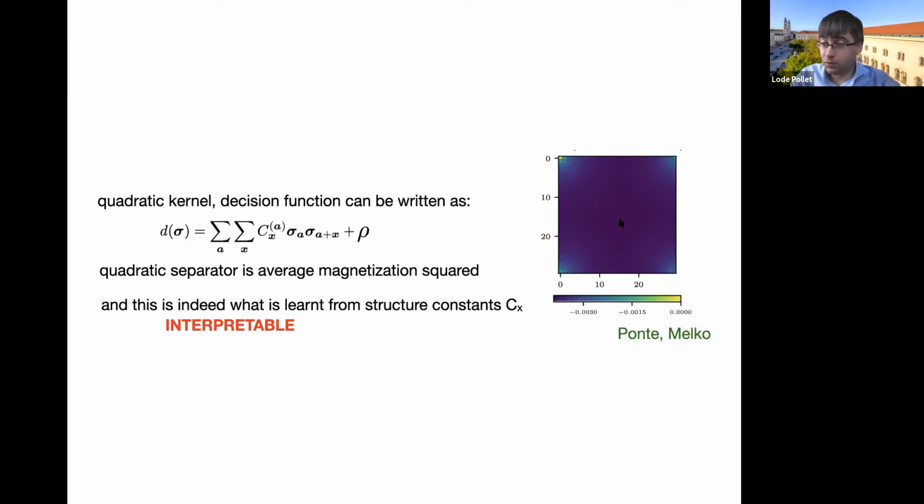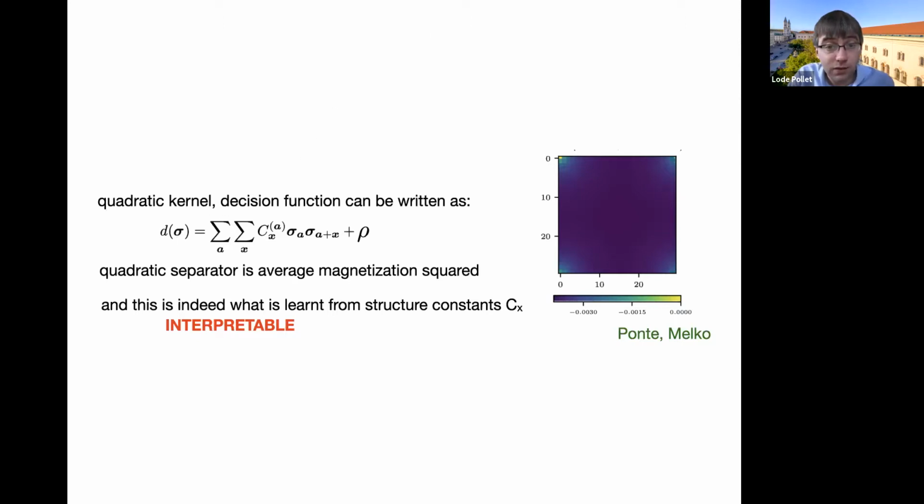What one means with the statement that SVMs, support vector machines, are interpretable is essentially this: the result of the SVM, this decision function, has constants C that can be given a meaning that is known to us as physicists. So we can learn order parameters just by looking at the decision function.